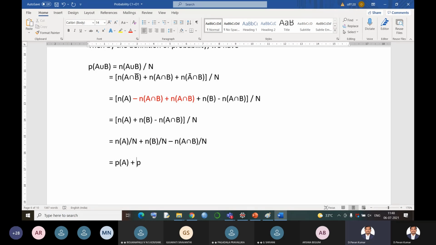So next one, in the similar way, it becomes P of B minus P of A intersection B. Did we get the RHS?